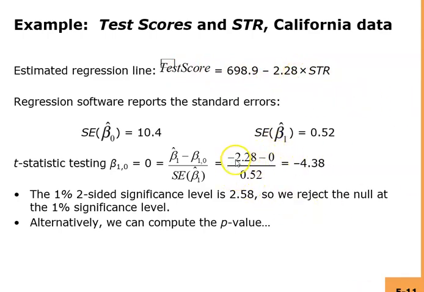When we plug in the numbers, we have minus 2.28 minus 0 divided by 0.52, which is the standard error of beta 1 hat, and we get a t-stat of minus 4.38.